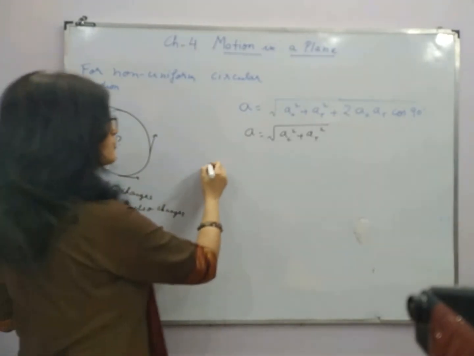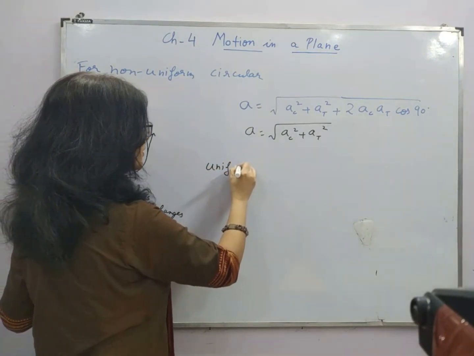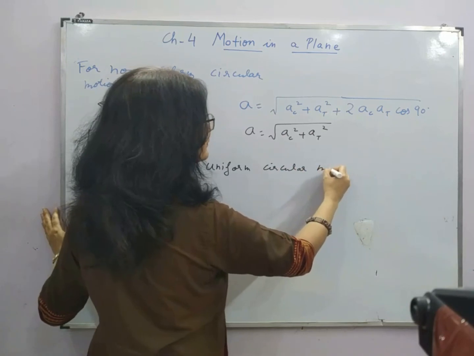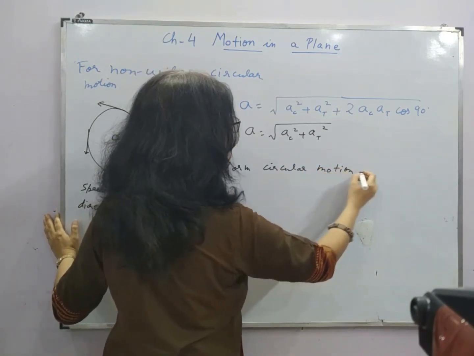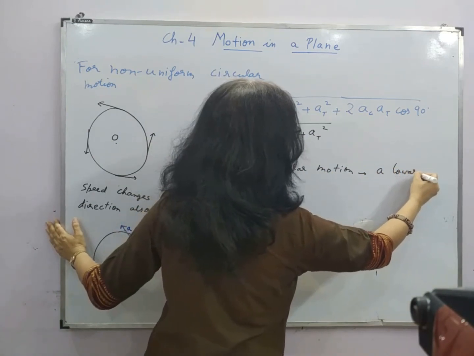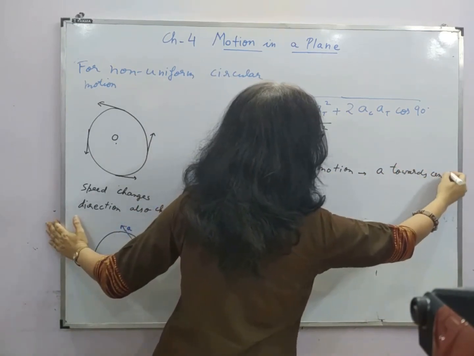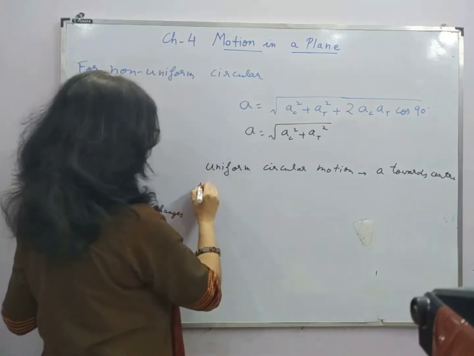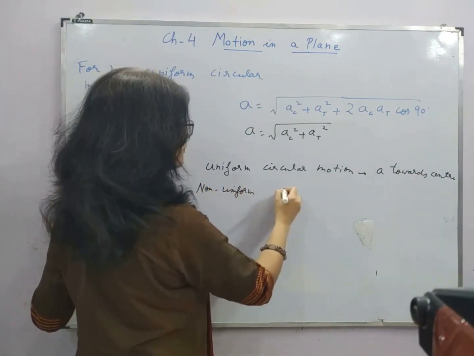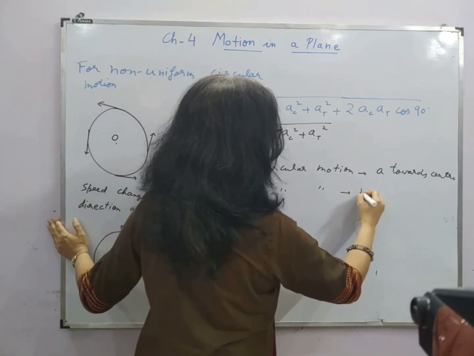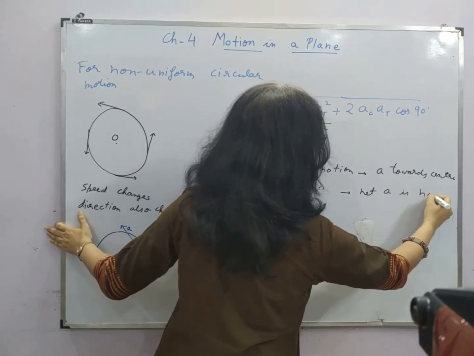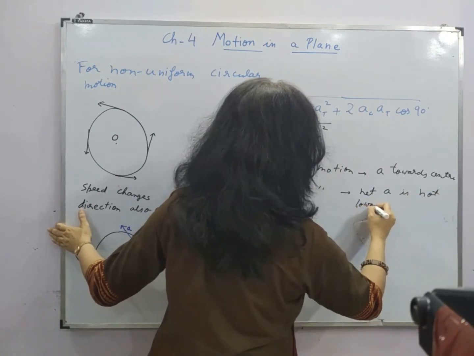So for uniform circular motion, A is towards the center, but for non-uniform, net acceleration is not towards the center.